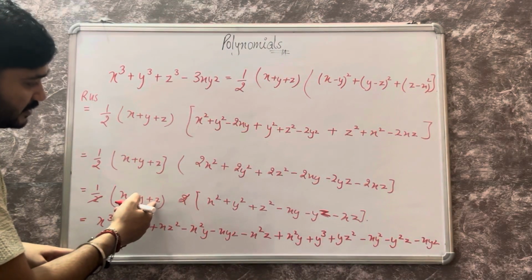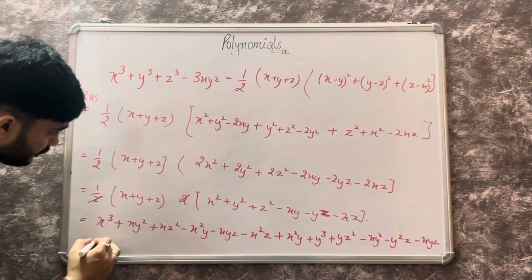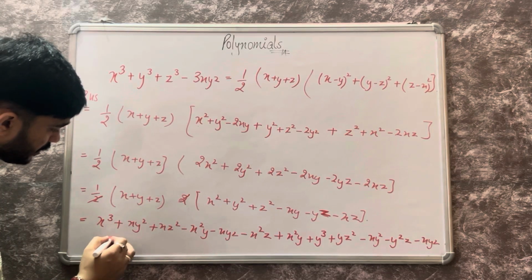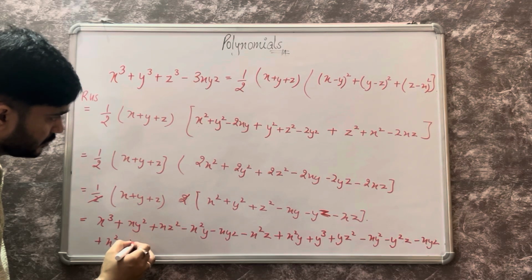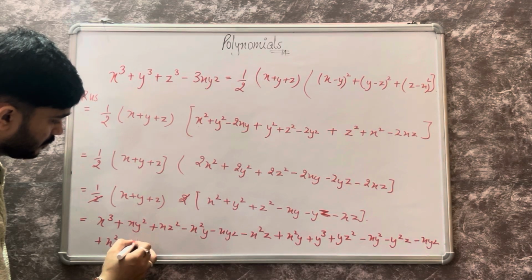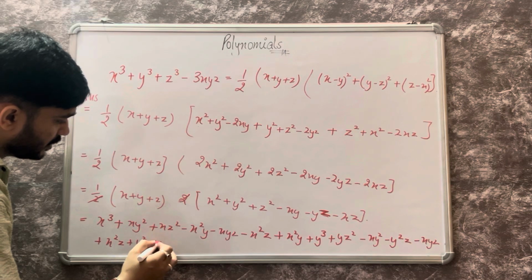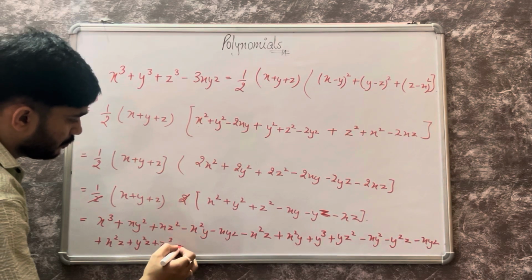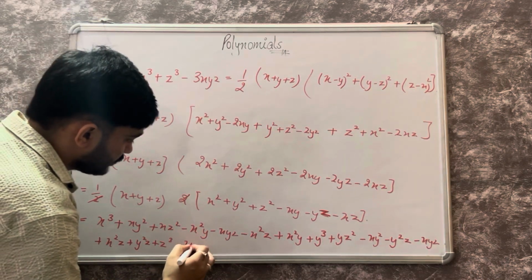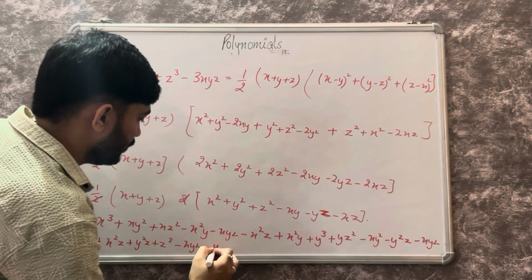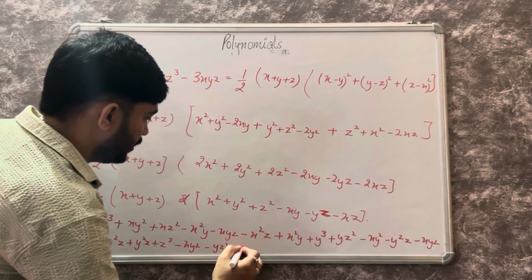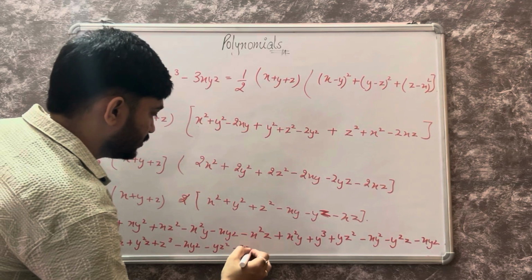When multiplying this z with this bracket, you will get plus x square z plus y square z plus z cube minus xyz minus yz square minus xz square.